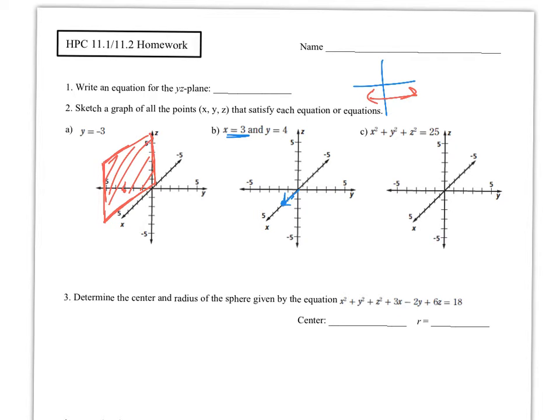We've got x equals 3 right here, and y equals 1, 2, 3, 4 right here. So we've got two planes intersecting. When two planes intersect, they form a line, kind of like a corner. If you think of two pieces of paper intersecting, where they meet forms a single line. So that's what that results in.